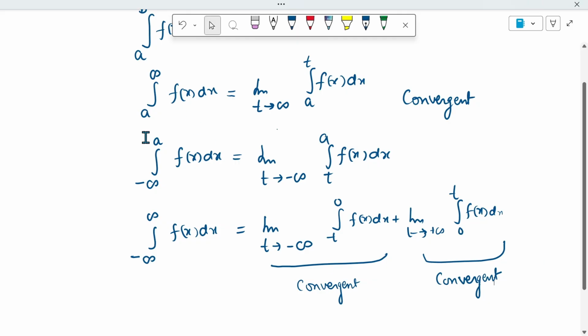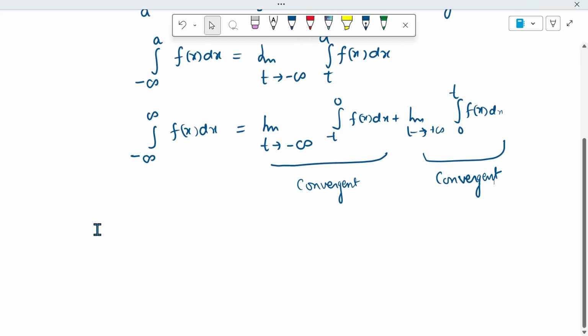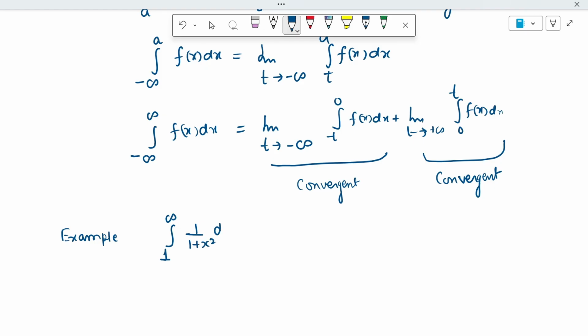Now we will take an example and discuss this. So this is example 1. Suppose we are taking the lower limit as 1 and the upper limit as infinity, and we have to integrate 1 upon 1 plus x square dx.